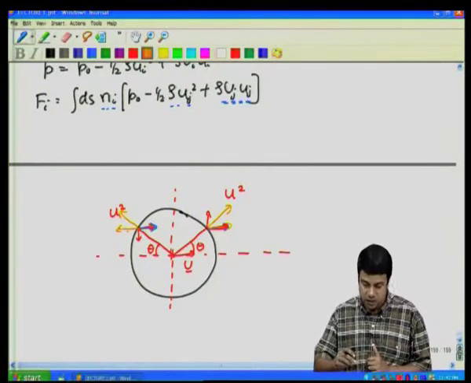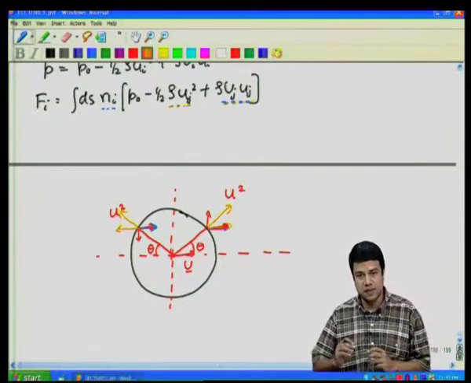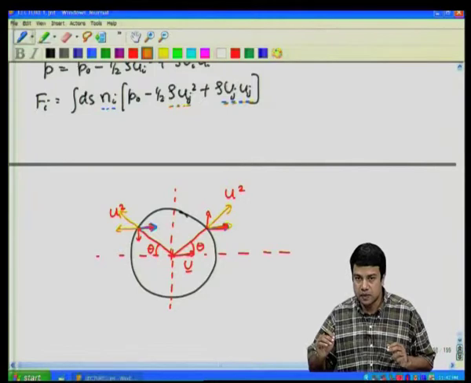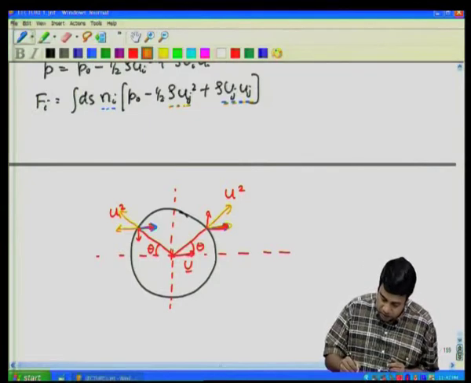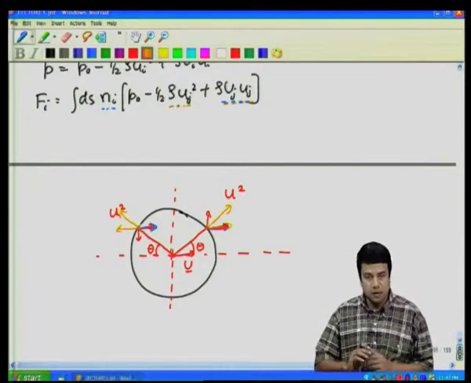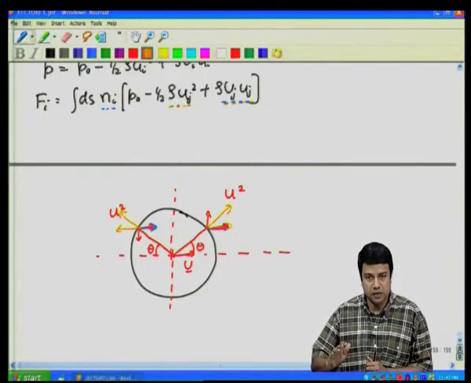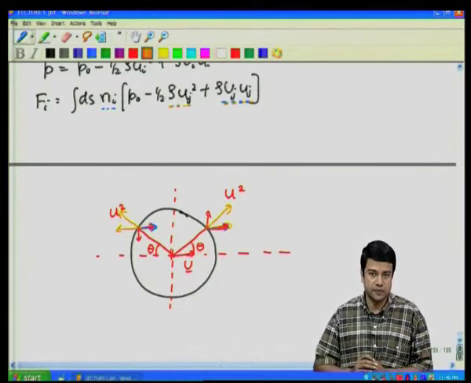Okay. The velocity square and u dot n are both the same, that means that the pressure on those two sides is the same. The component of the unit normal along U is pointing in opposite directions. That means that at these 2 points, unit normal times pressure is exactly equal in magnitude and opposite in direction. Therefore, the net force due to these 2 points is equal to 0.